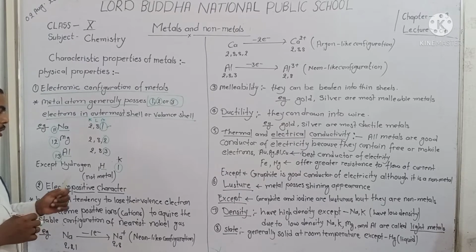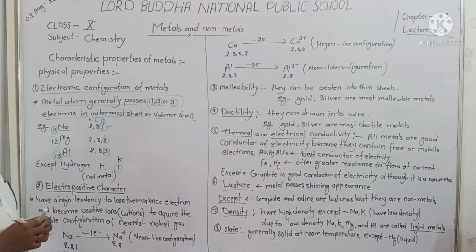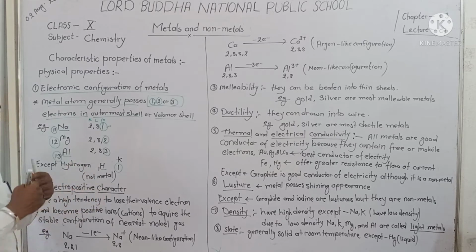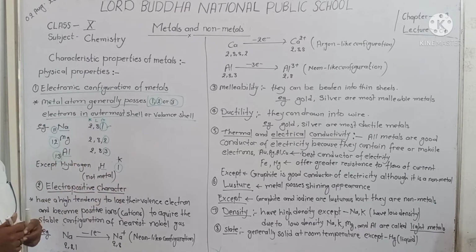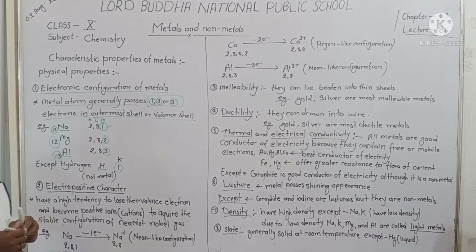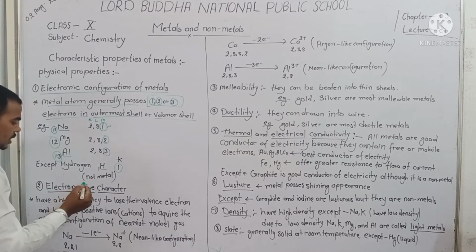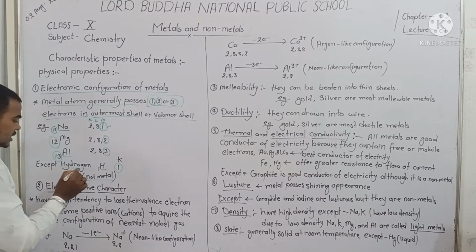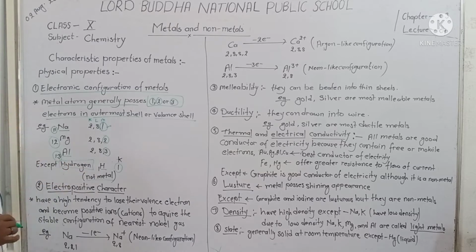But here in hydrogen there is 1 electron in its first cell, and the first cell is also the outer cell. So by that rule it would be a metal, but it is a non-metal, so we say that hydrogen is the exception to the concept of electronic configuration of metals.